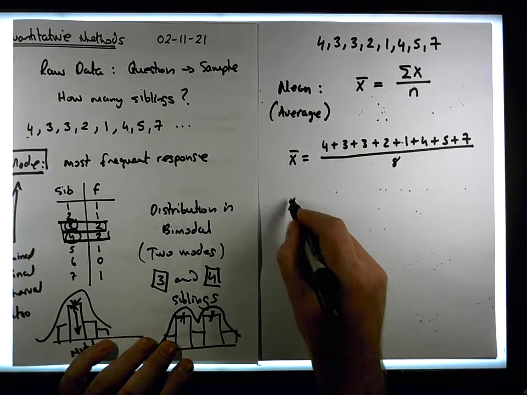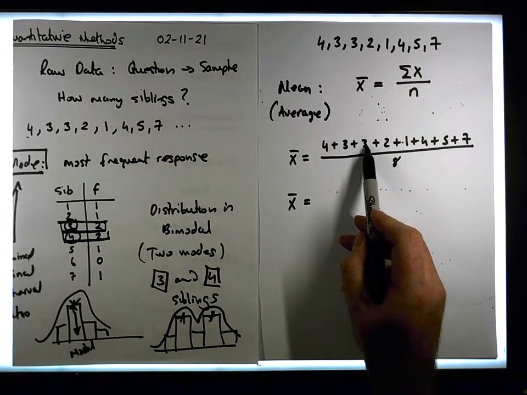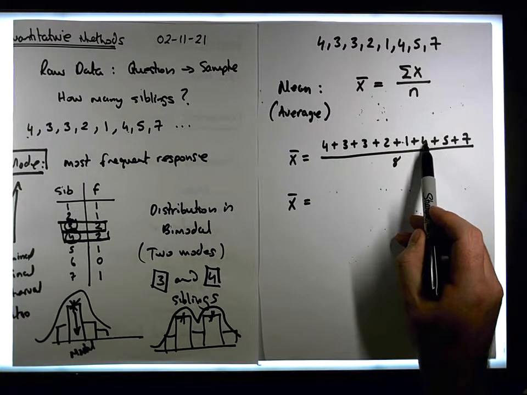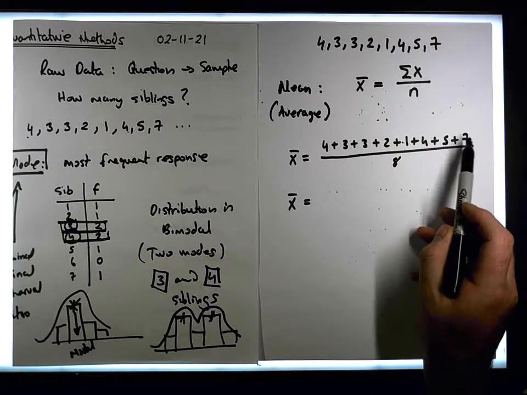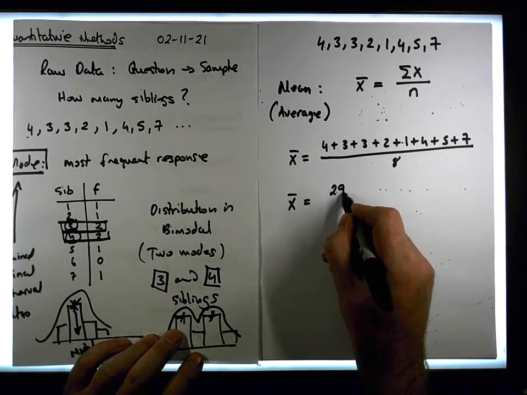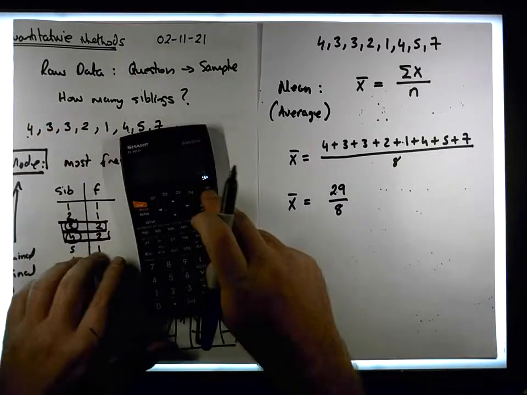Let's add them up. 4 and 3 is 7, and 3 is 10, and 2 is 12, and 1 is 13, and 4 is 17, and 5 is 22, and 7 is going to give us 29. So we have 29, which needs to be divided by 8. Now, you can use your calculator for this.